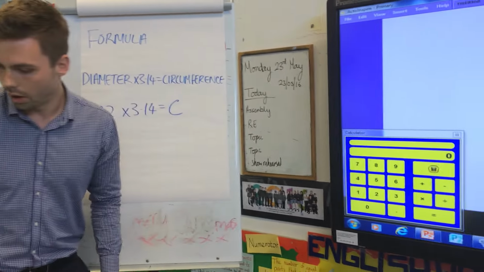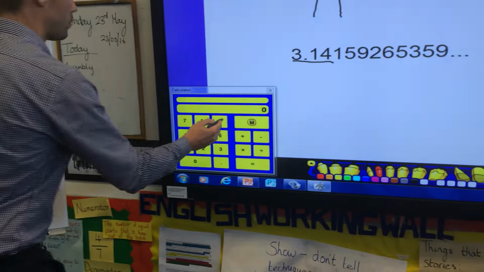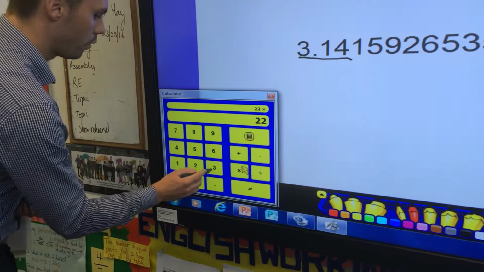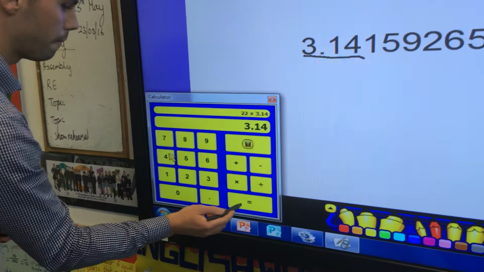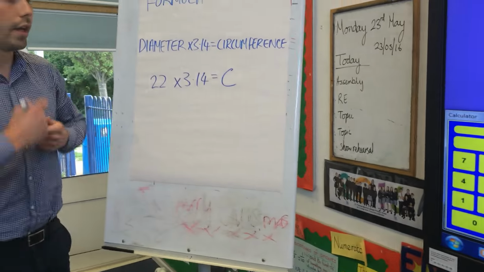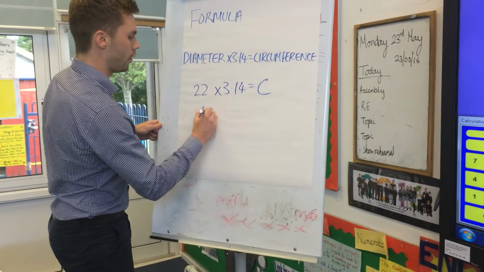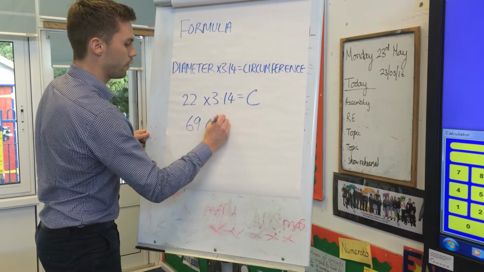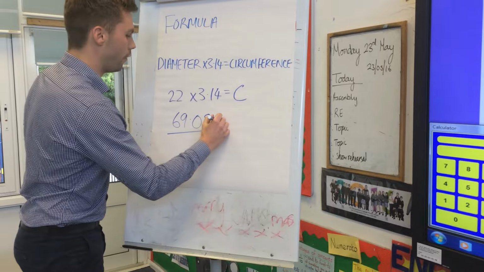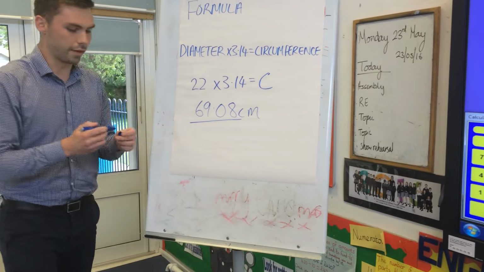Now I'm going to use my calculator. So 22 times 3.14. So the circumference of that basket is 69.08. And obviously, that's going to be in centimetres.